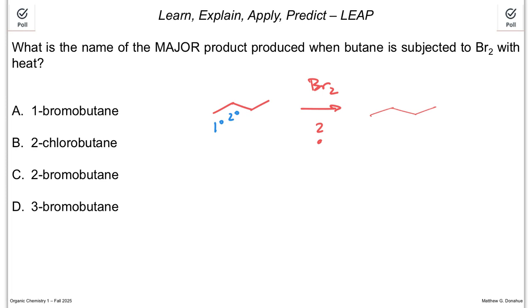So you have two unique sets, primary and secondary, and then bromine is selective for what? So bromine is more selective for the secondary, so our response should be C, 2-bromobutane.